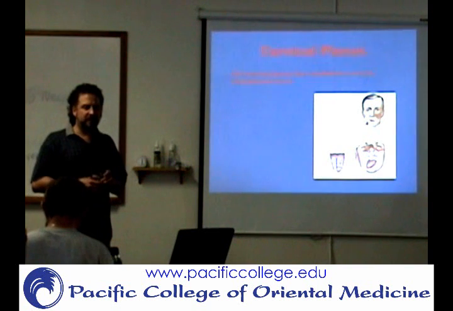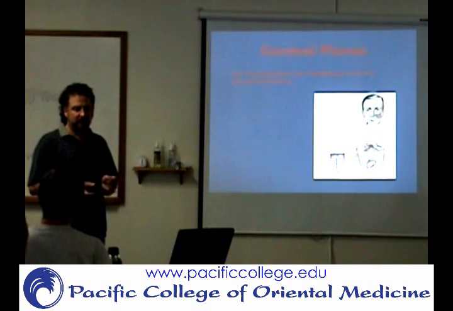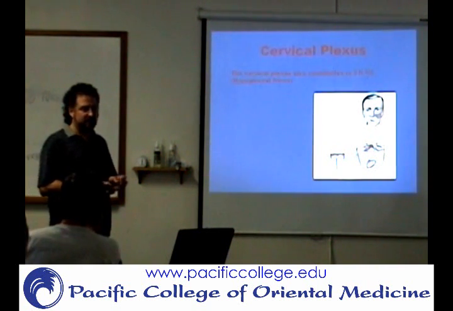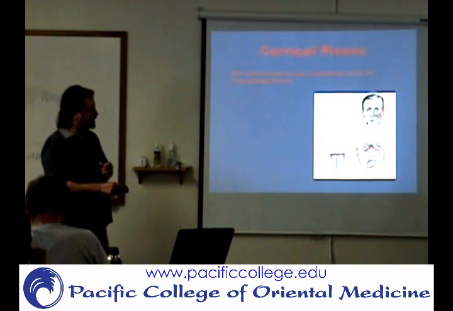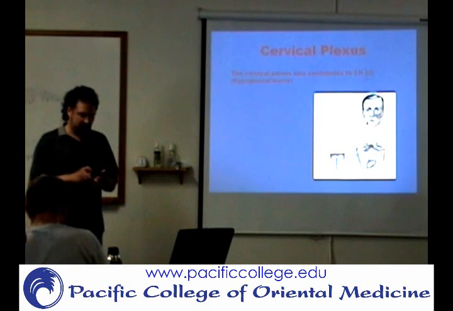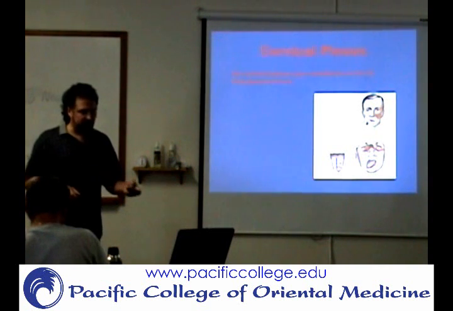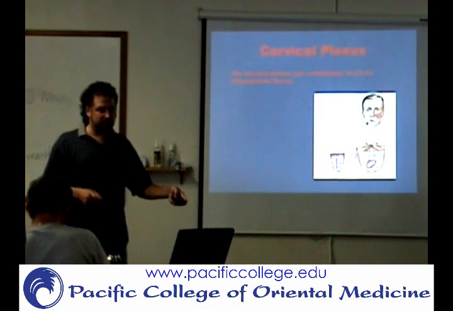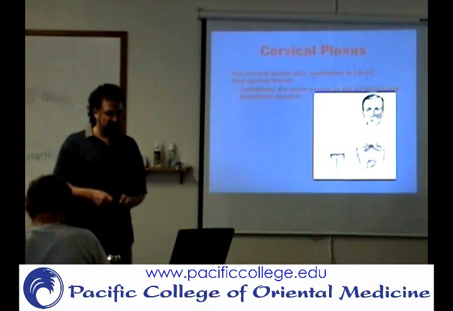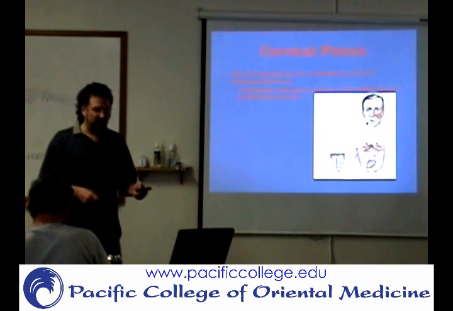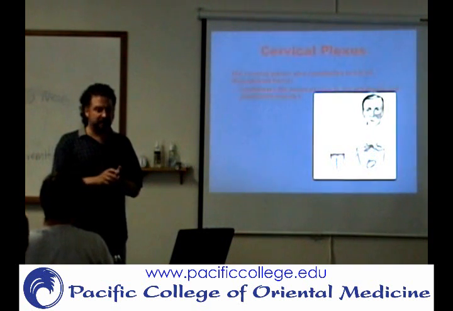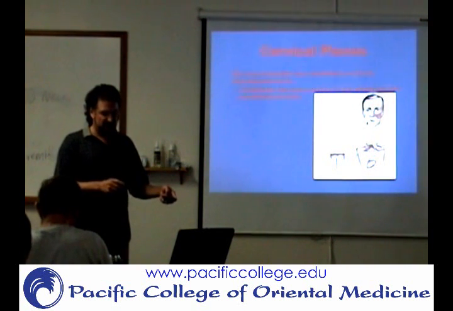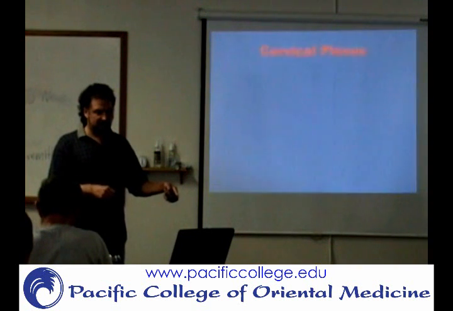And another cranial nerve that contributes is the hypoglossal, or the 12th cranial nerve, and that has to do with functions of the tongue. We'll get more into that when we talk about cranial nerves. So that's also going to contribute to motor portions of the infrahyoid and geniohyoid muscles, and also the tongue.